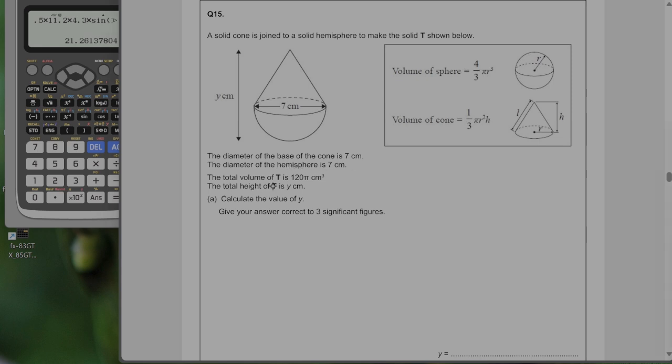The total volume T is 120 pi centimeters cubed. The total height of T is y centimeters. Calculate the value of y, giving your answer correct to three significant figures.